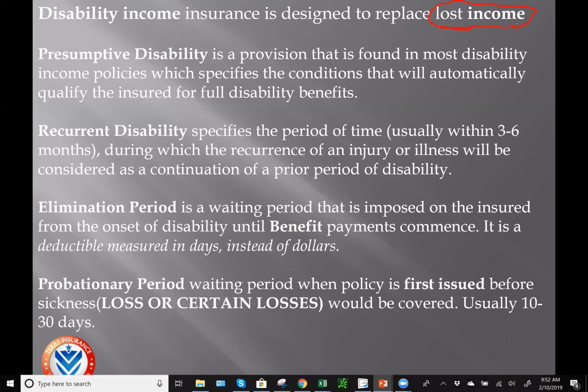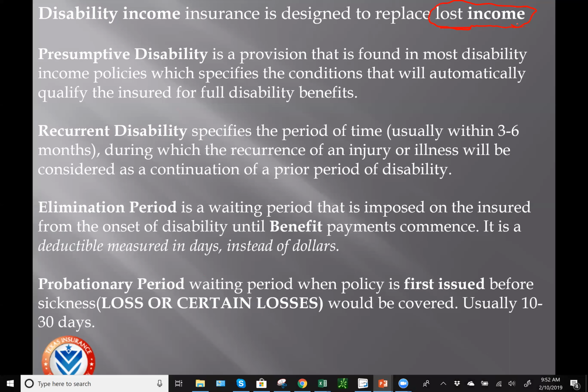You get to decide how long of an elimination period you would want in your disability policy. It could go anywhere from, say, 0 days up to 1 year. Now, the longer your elimination period, the lower your premium is going to be. Okay, it's kind of like having a high deductible. So the longer the elimination period, the lower the premium.